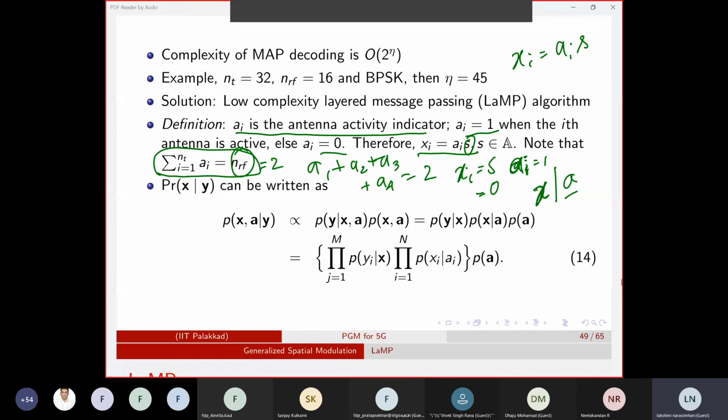Remember the variable nodes, they all add up to 0; that was the condition that we had in the LDPC case. Similar to that, here we are adding one condition, and that is the activity condition, which simply says that the activity patterns should all add up to the number of RF chains. So based on this, once again, we have another factorization with 3 different sets of nodes. One is the observation, another one is the variable, and another one is the activity, which is equivalent to the check node.